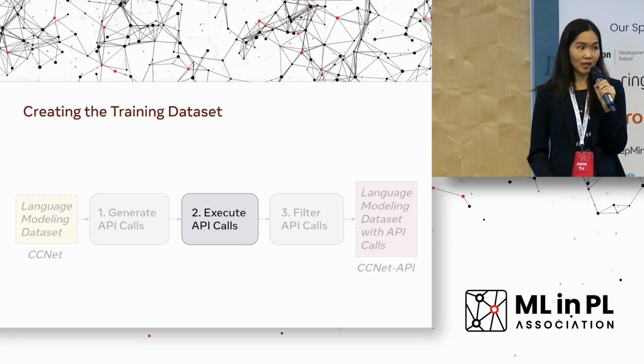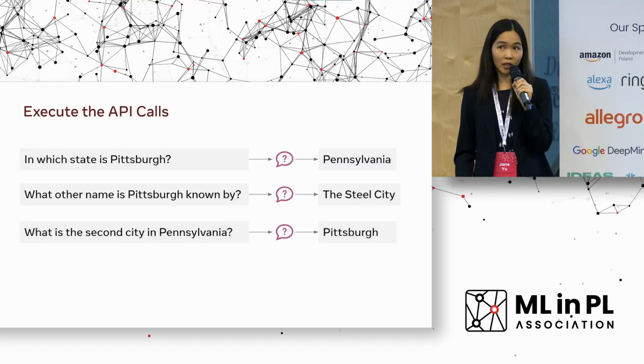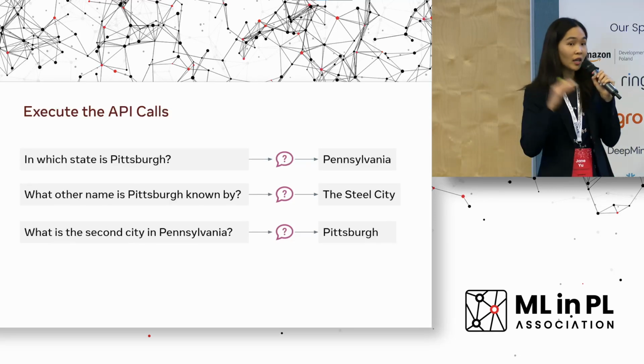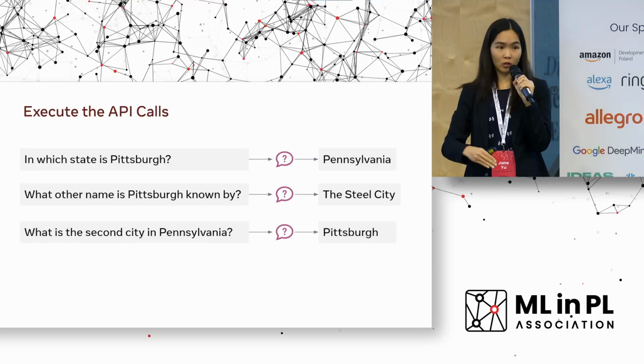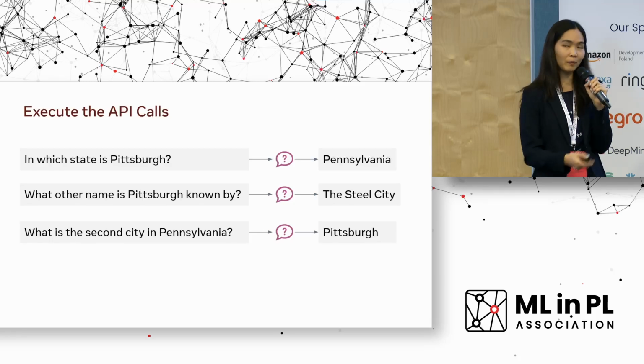And now we move on to the second step of executing those API calls. So in this case, we're going to take that natural language API call, parse it, get that input string, give it to the question answering system, and get those respective answers. In this case, that would be Pennsylvania, the Steel City, and Pittsburgh.